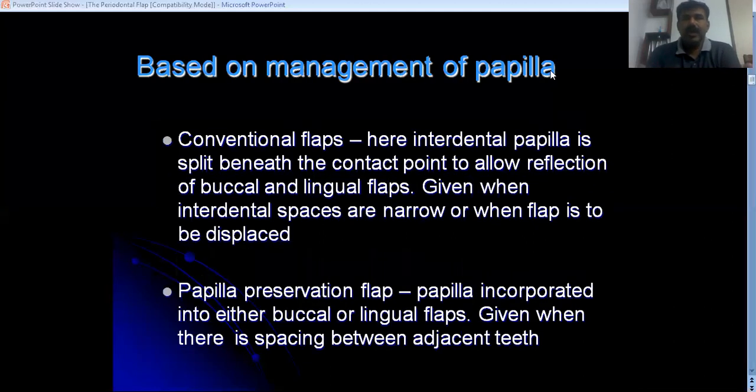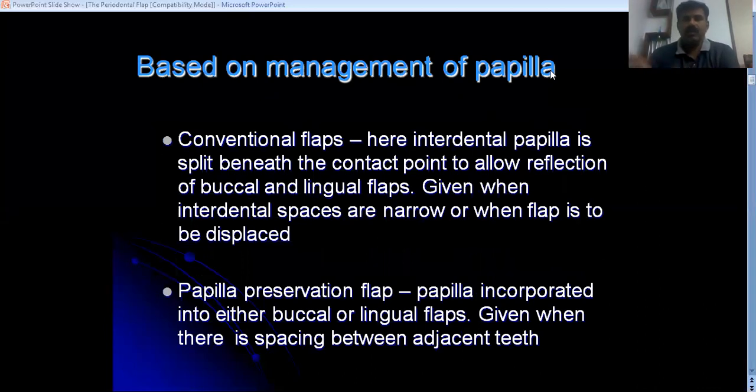Then third is how you manage the interdental papilla. Now, when you are routinely doing a flap surgery, you put an incision on the labial aspect of the gingiva and then on the lingual aspect of the gingiva.